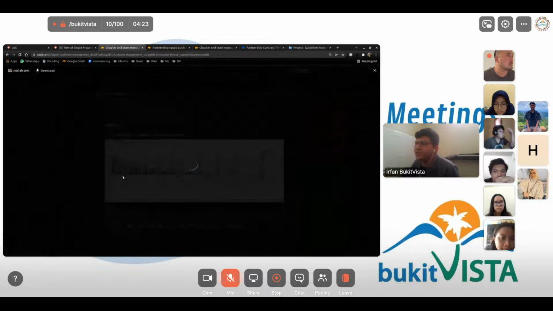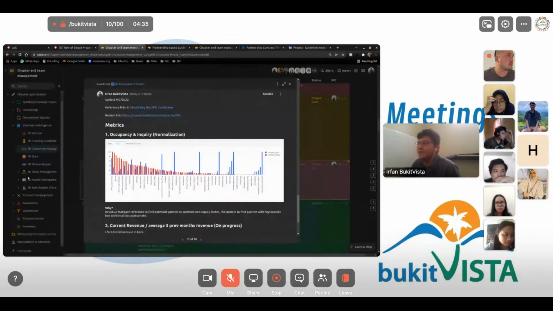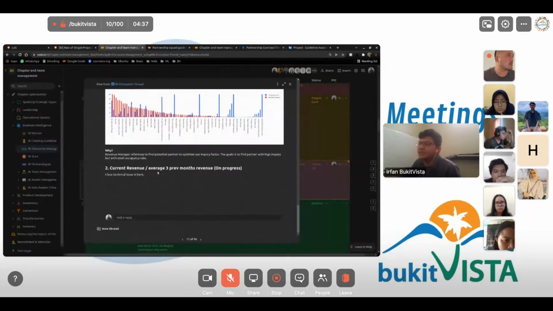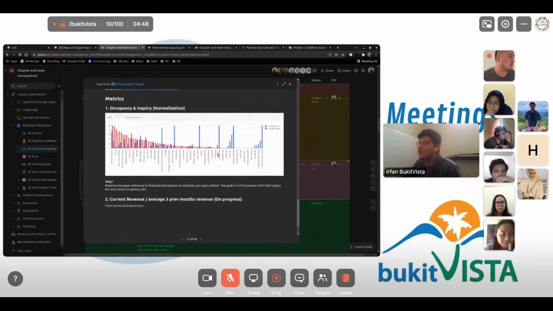For example, this property, the MF Villa, has high inquiry, but not so much occupancy rate. The second is the current revenue divided by the average of the previous month's revenue, but it's still in progress because of a technical issue here. I did this because I had pairing with Copilot.